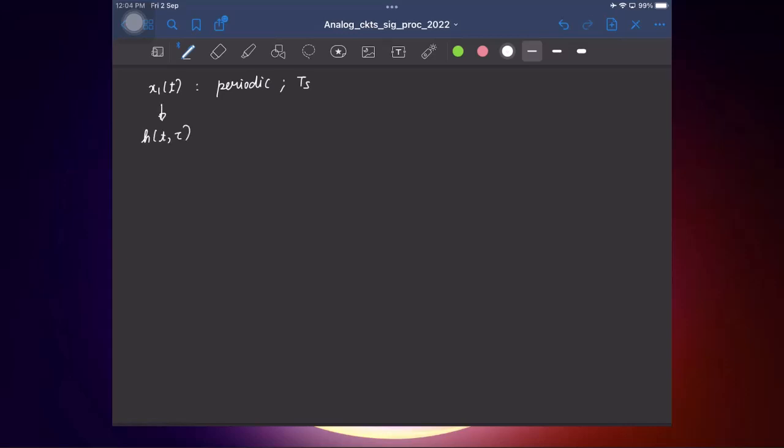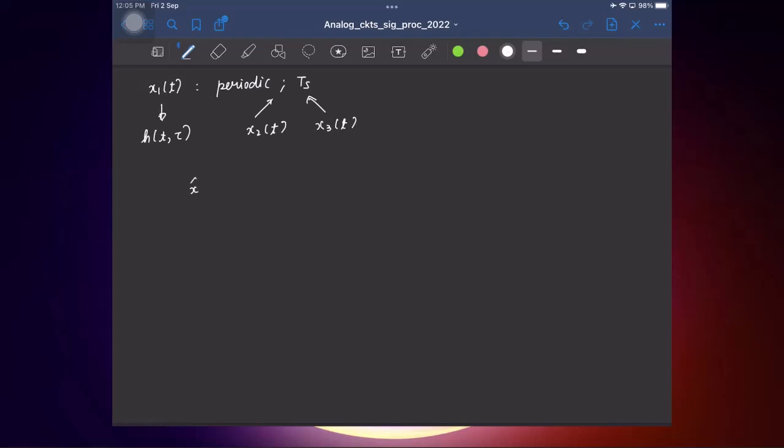I'm just writing it as another signal so that you come out of the framework of impulse response and treat it as any normal signal, right? Similarly, let us say we have two other signals, x2 and x3. Both are again periodic with the same frequency, and again, these two are impulse responses of some LPTV system.